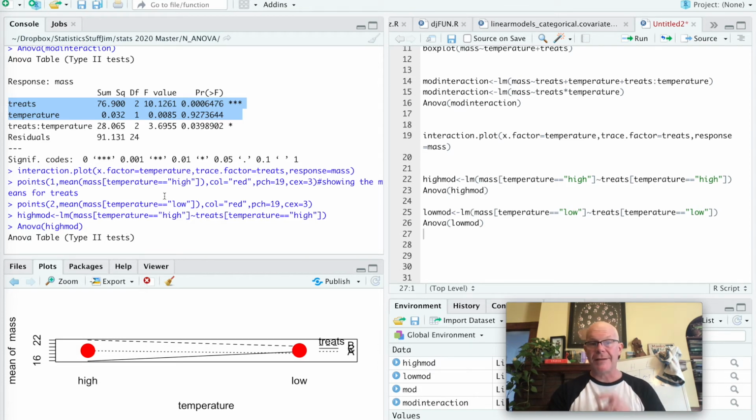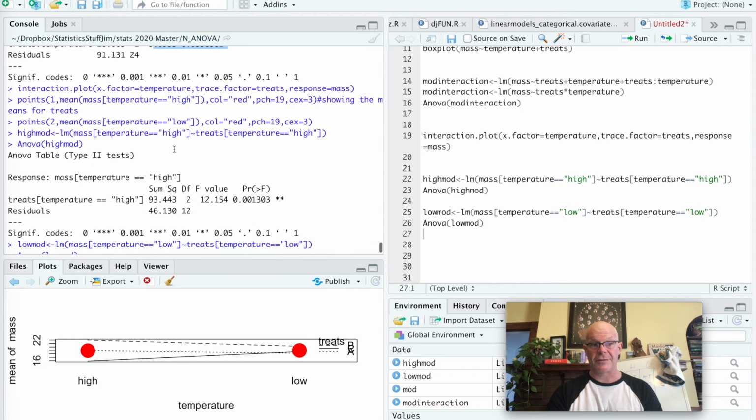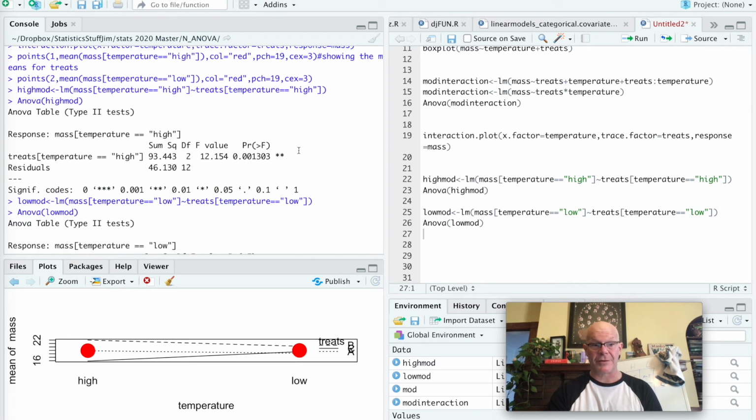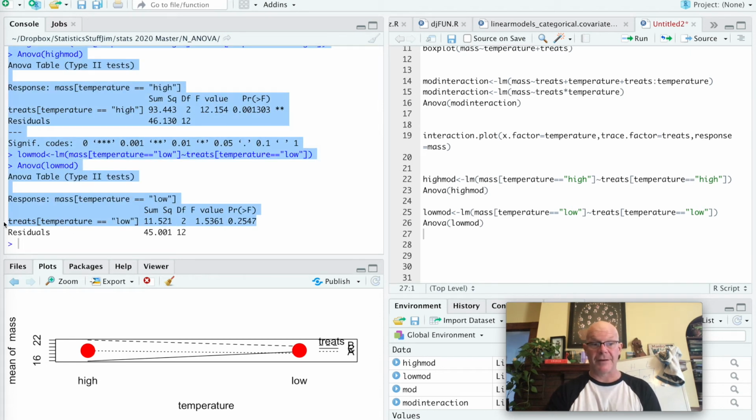But when we split it into two separate models, because we have this significant interaction term, what we find is at high temperatures, there is something interesting happening among those treatments. But at low temperatures, we're failing to find something interesting.